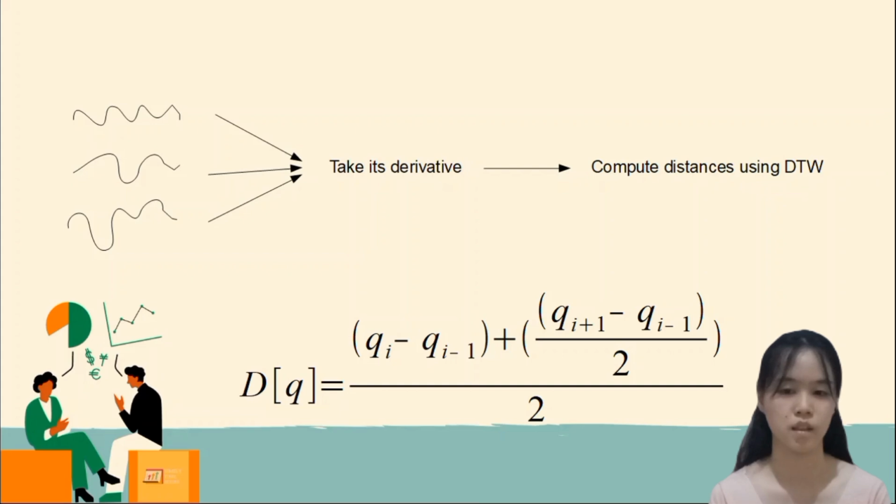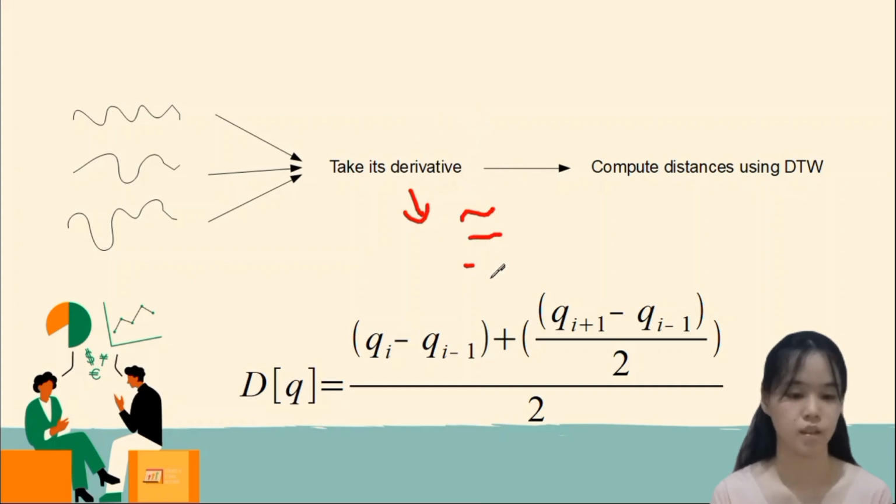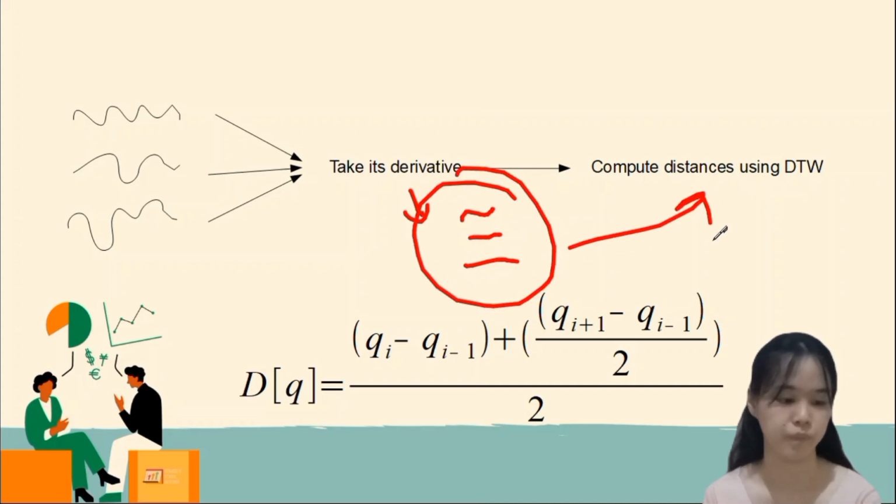So there's an additional first step. Let's say that we have three sequences here, and then we take its derivative. That will give us three new sequences, and we use this to compute DTW.